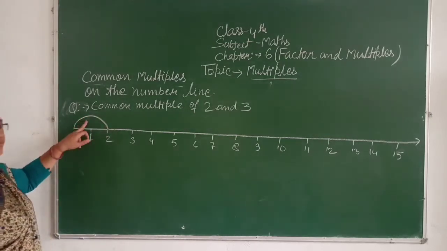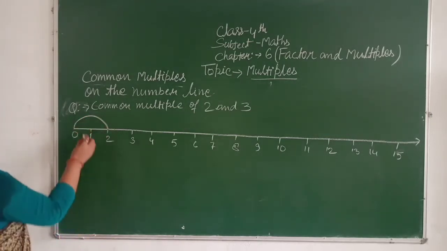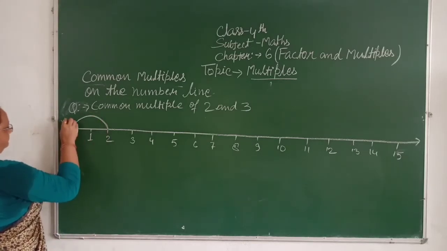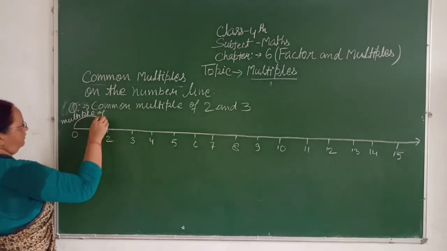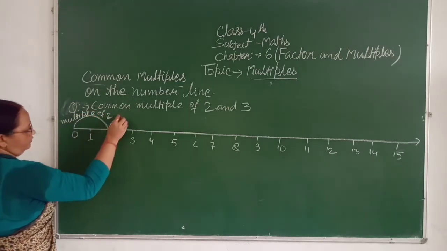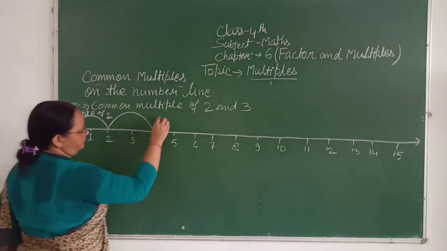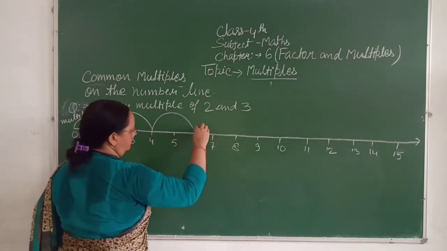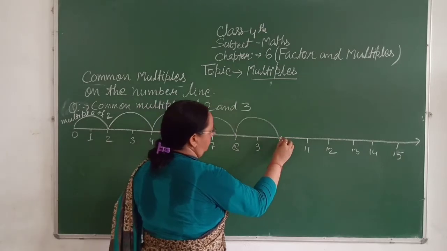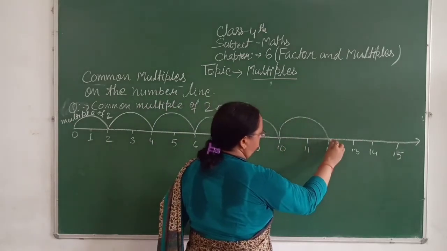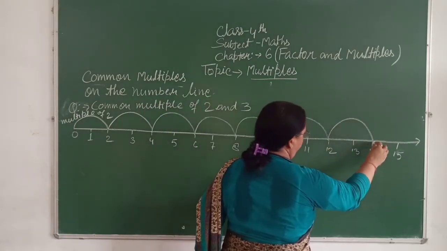On above, we have to show multiples of 2. Multiples of 2: 2, 4, 6, 8, 10, 12, 14.